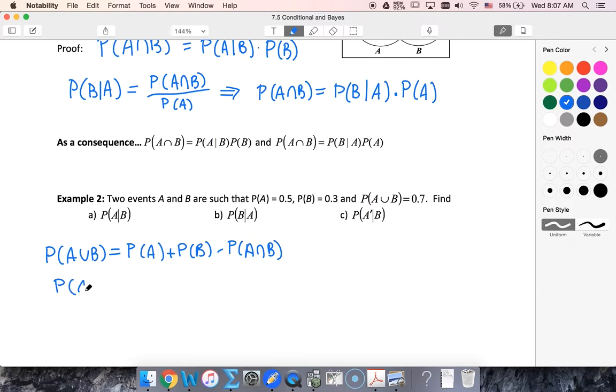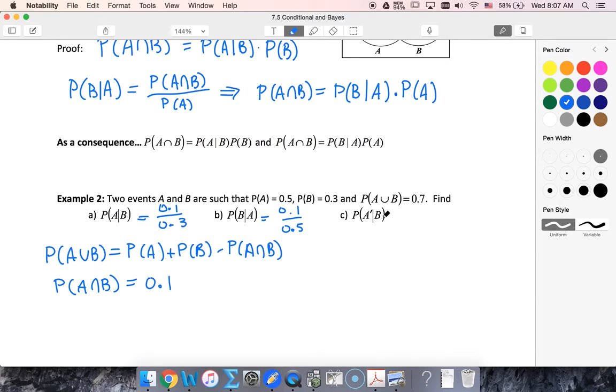So that tells me that the intersection is going to be A plus B minus the union. So 0.8 minus 0.7 is 0.1. So then A given B is going to be 0.1 divided by probability of B. B given A is going to be 0.1 divided by 0.5.